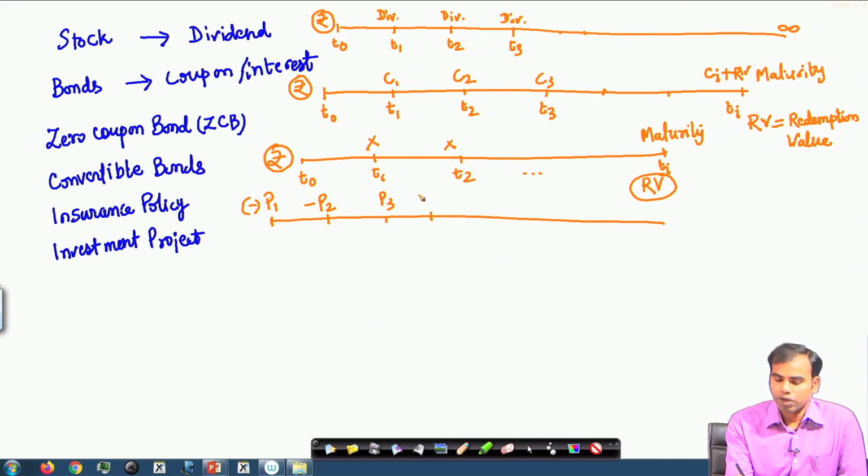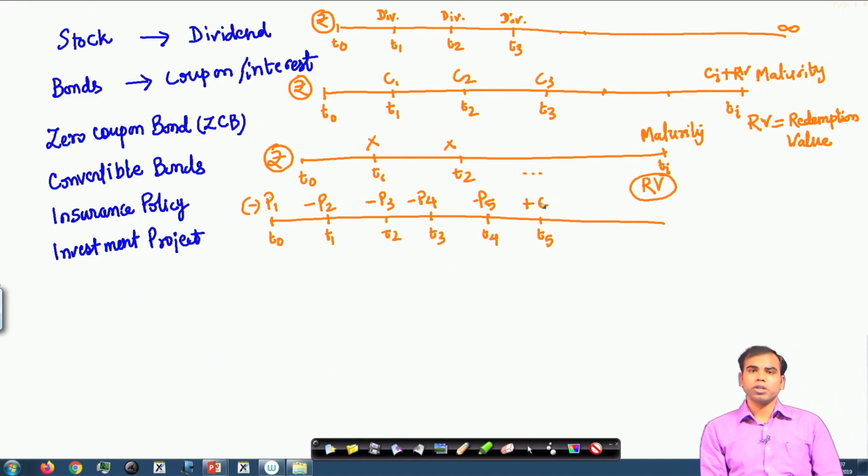Suppose you pay insurance premium for 5 years, and then from the 5th year onward you start getting some insurance endowment back, either as cash back or in terms of insurance coverage for your asset. So, this is a typical feature of an insurance policy.